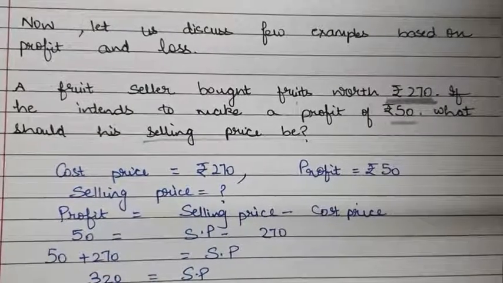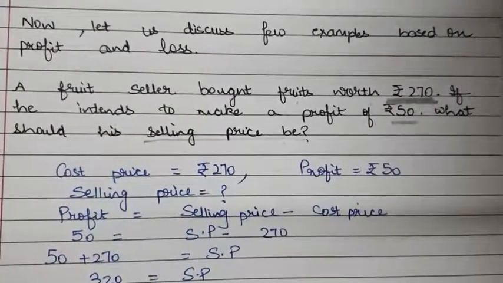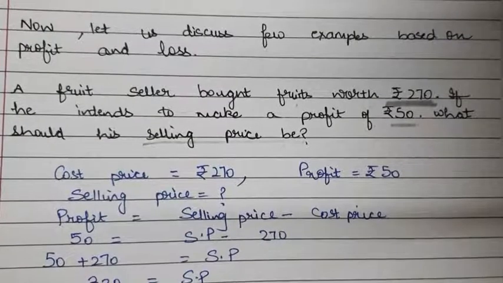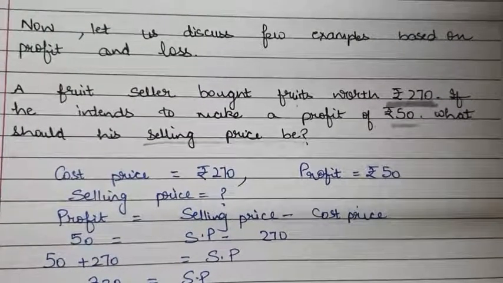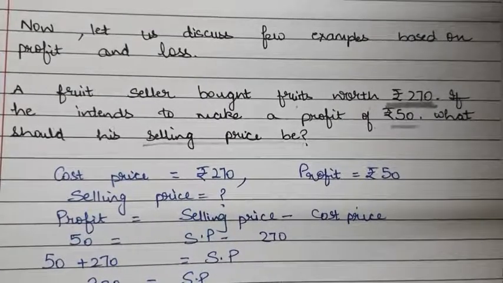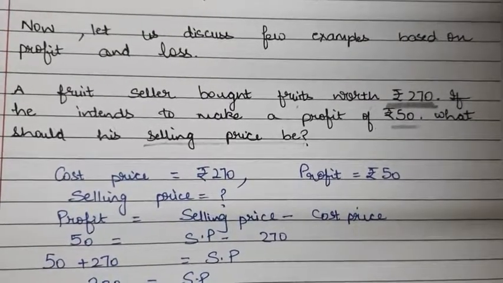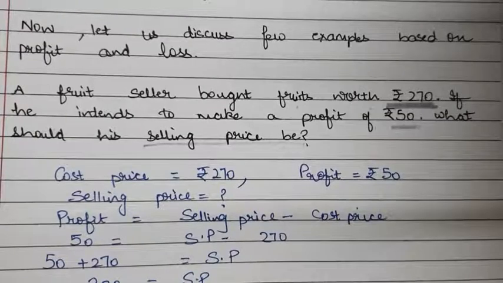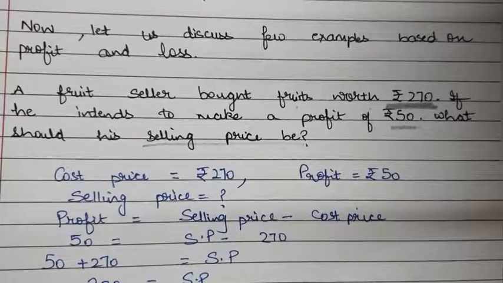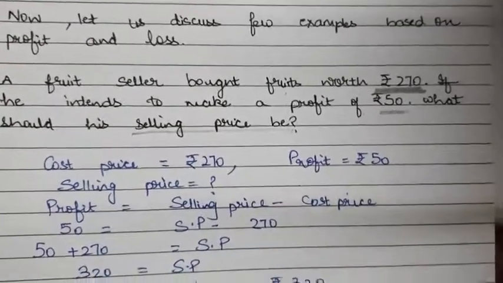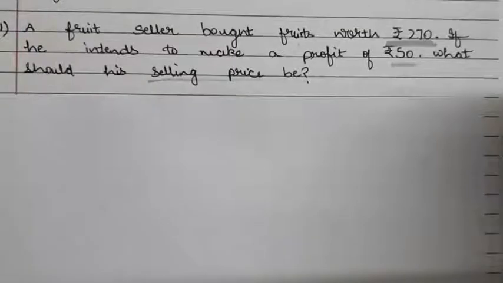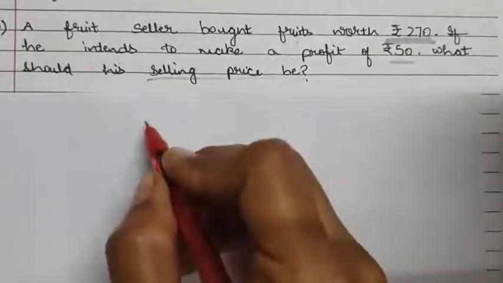Profit percentage is equal to profit upon cost price into 100. Loss percentage is equal to loss upon cost price into 100. You will keep these 4 formulas in your mind. With the help of these formulas, we will do the whole exercise. Clear?